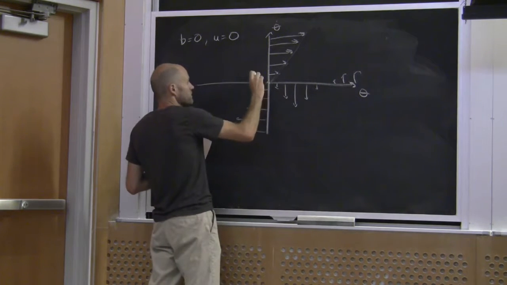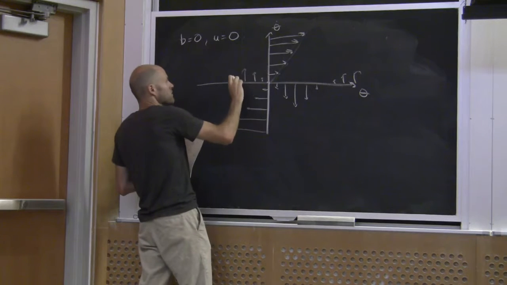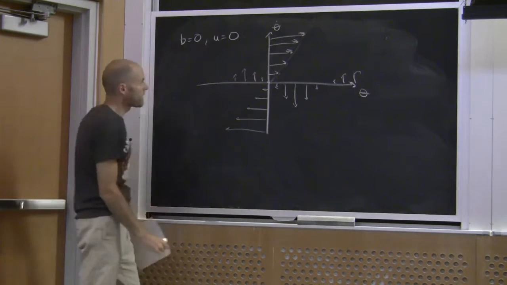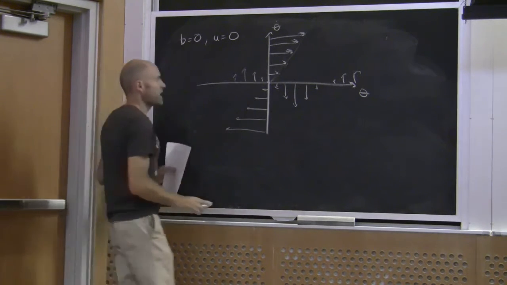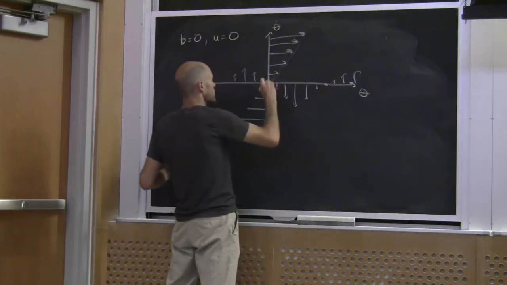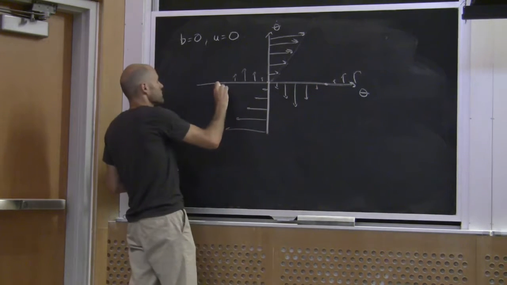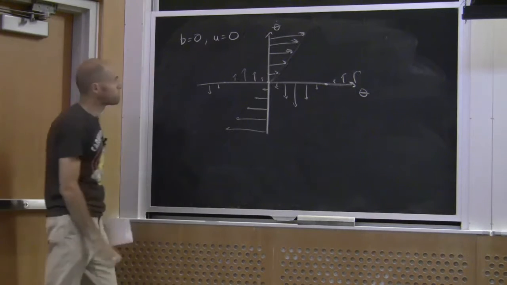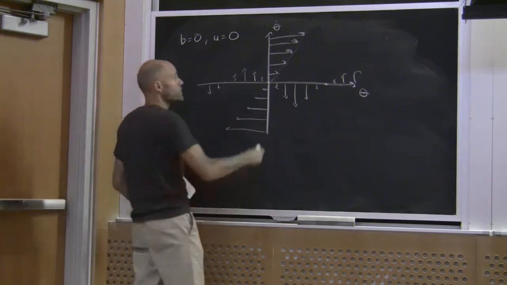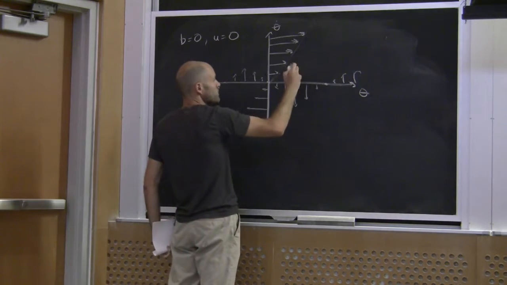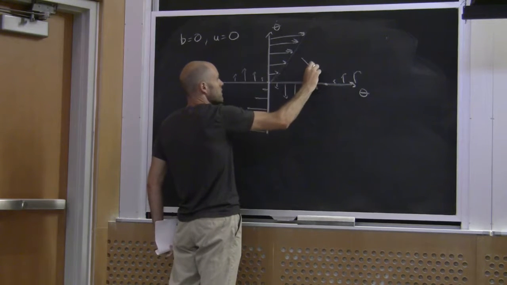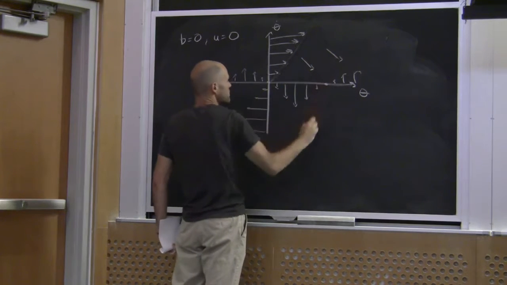And similarly over here. Okay. And then in between you get some combination of those two things. So I'll get vectors that look like this in between.